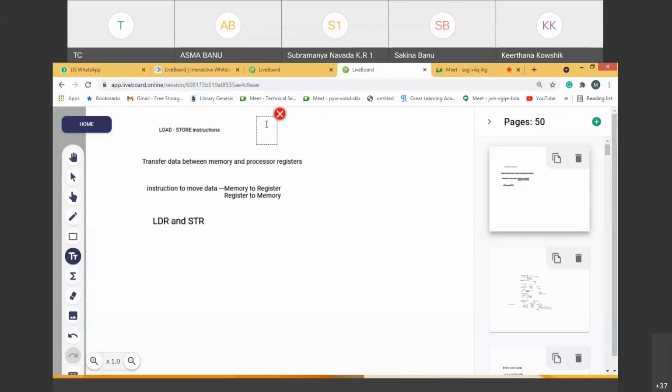What are the different types of load store instructions we have?